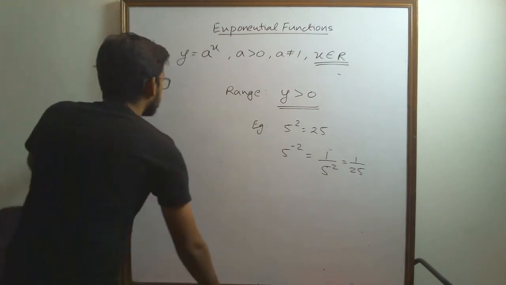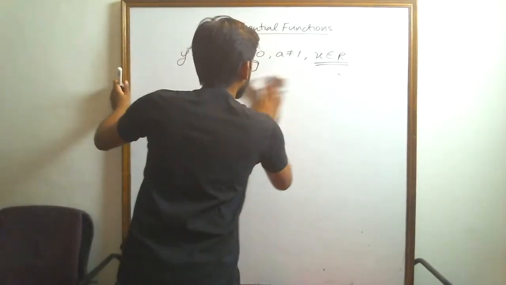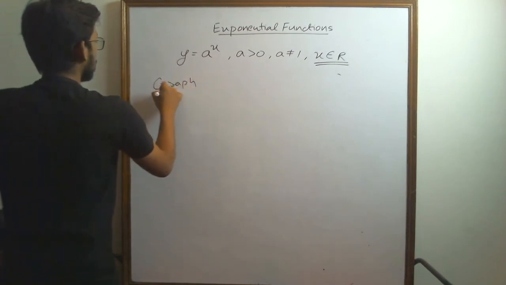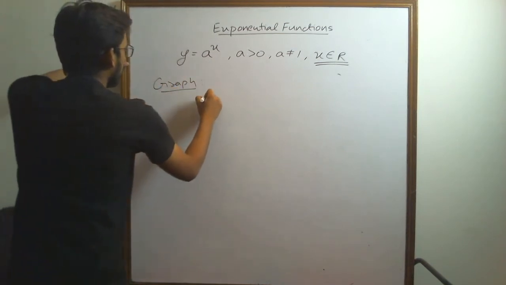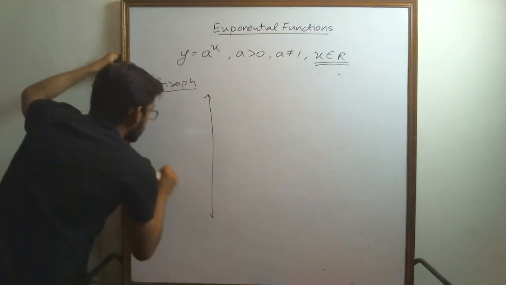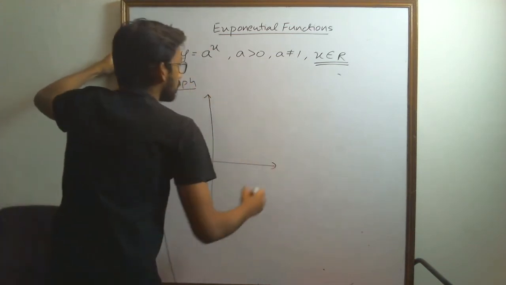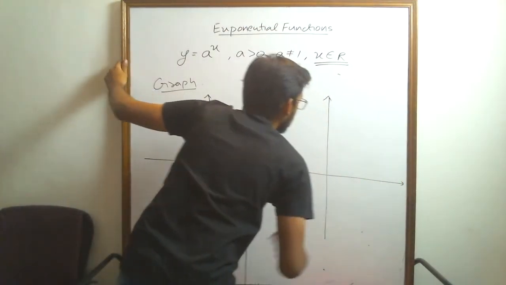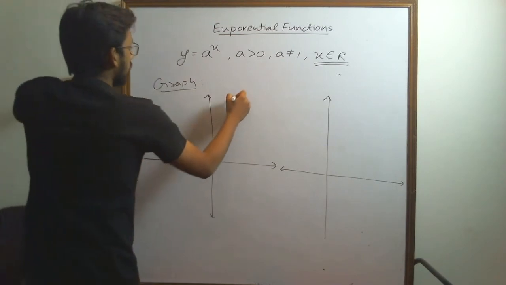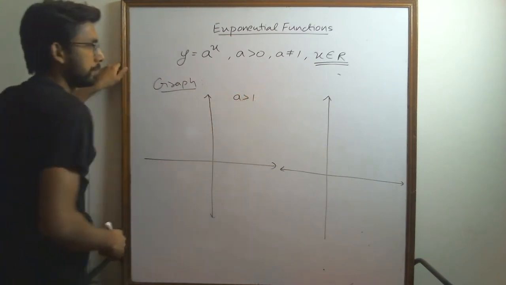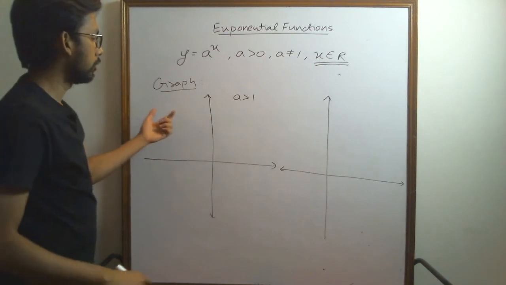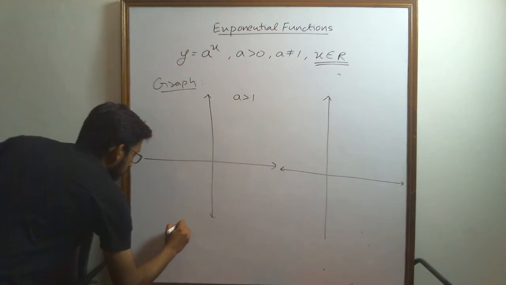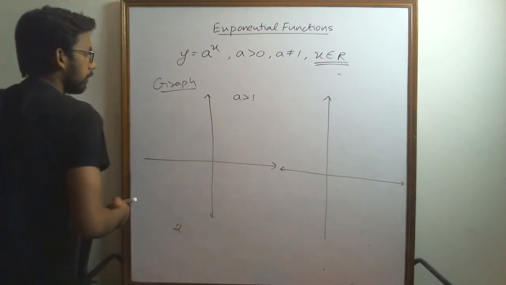Let's look at the graph. Now, there will be two different graphs for the exponential function depending upon the value of the base. Why? Because if a is greater than 1, let's take an example, let's say it is 2, and I increase the value of the exponent.